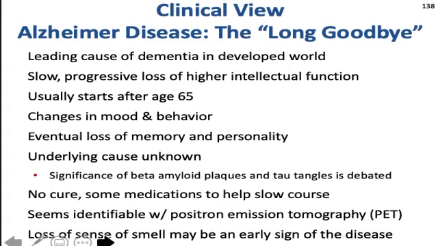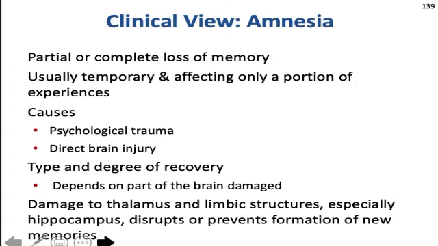Okay. Now, amnesia is a different class of defect. In amnesia, we see partial or complete loss of memory. Usually it's temporary and affects only a portion of your experience. It can be caused by psychological trauma or direct physical trauma, right?